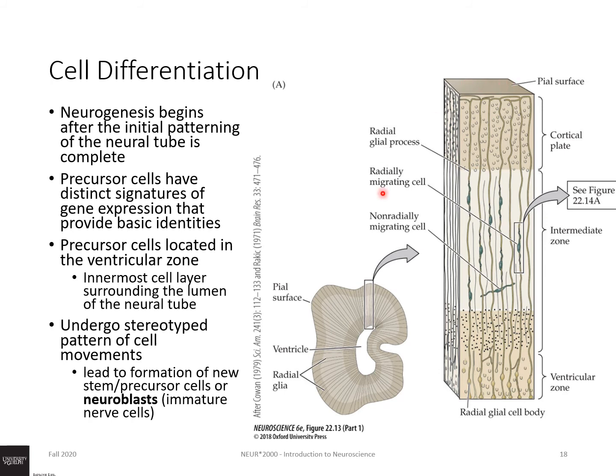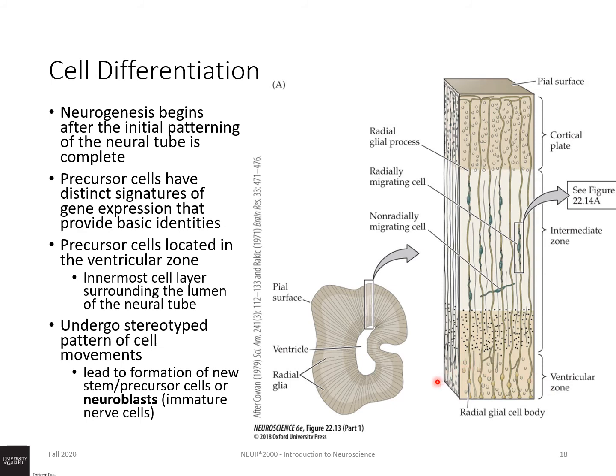So neurogenesis begins after the initial patterning of the neural tube is complete. So once the neural tube is where it is and cells have started moving and the patterns are all there, then precursor cells can start to develop into new specific types of cells. So precursor cells have distinct signatures of gene expression that provide basic identities.